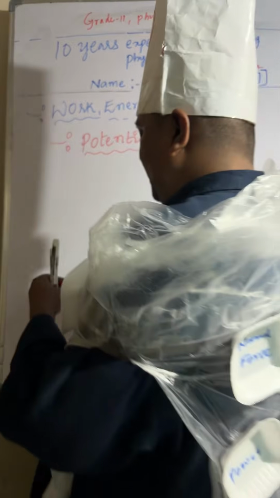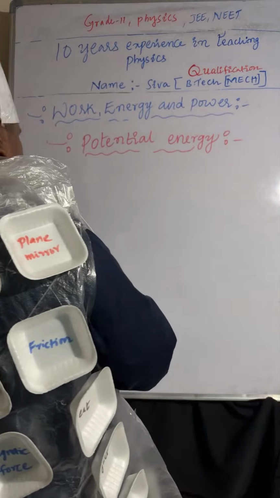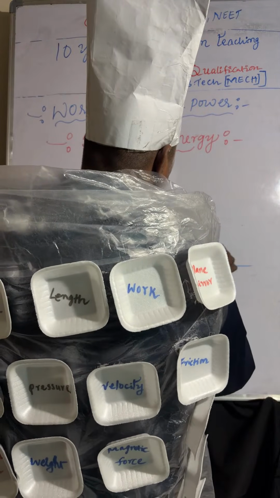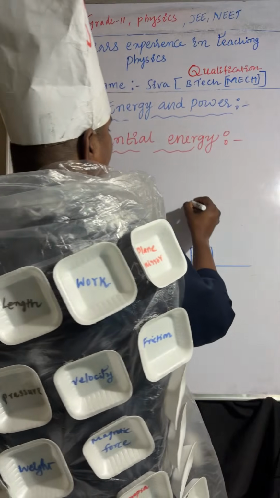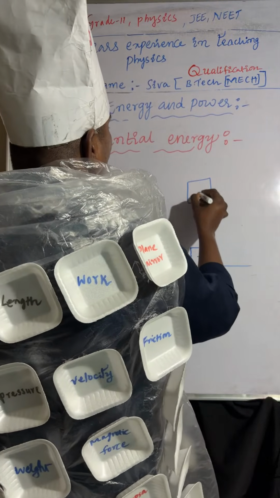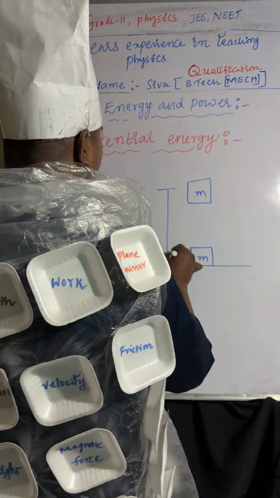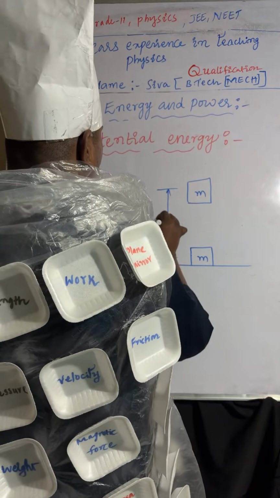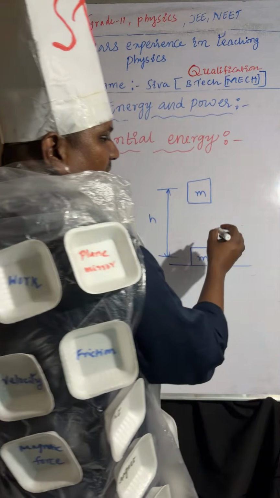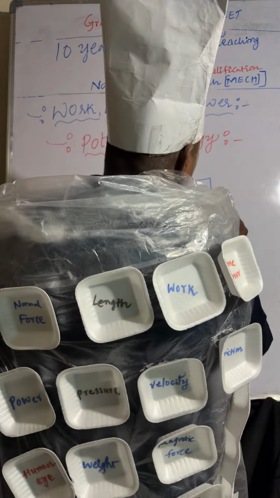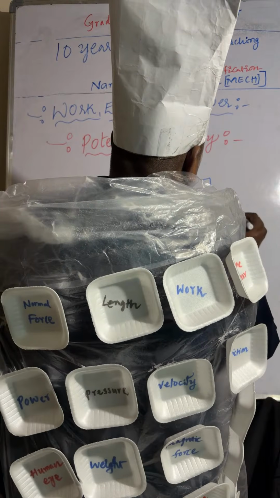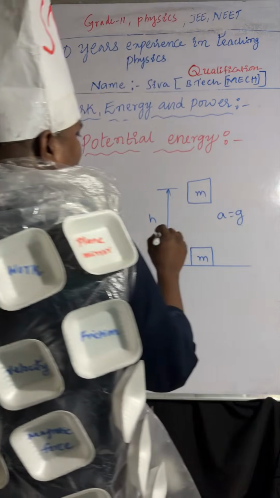So here I am taking an object of mass m. It is lifted to a certain height, so the height of the object is h, and a equals acceleration due to gravity, a equals g.